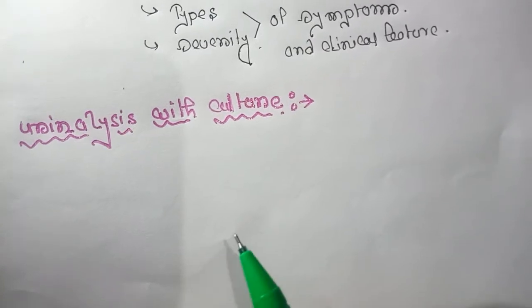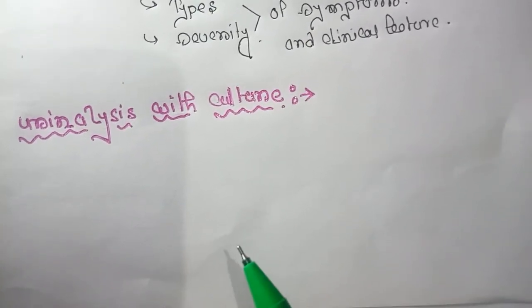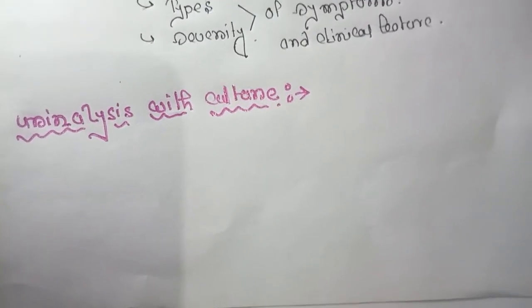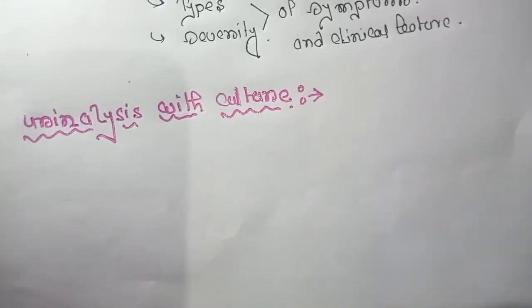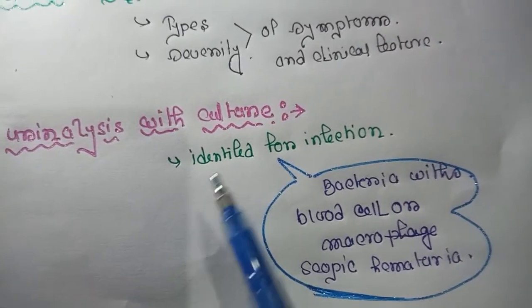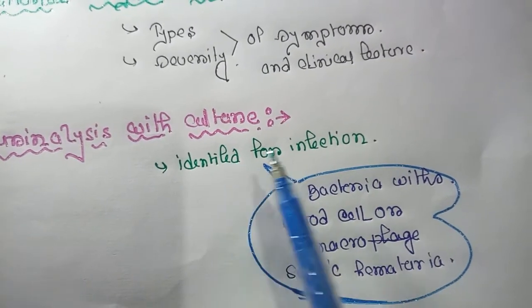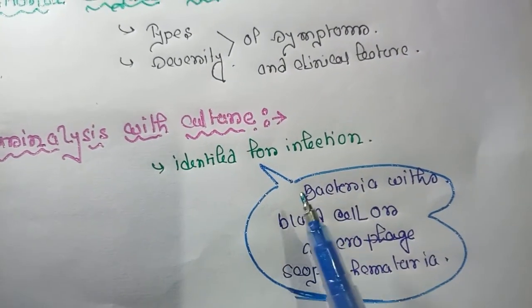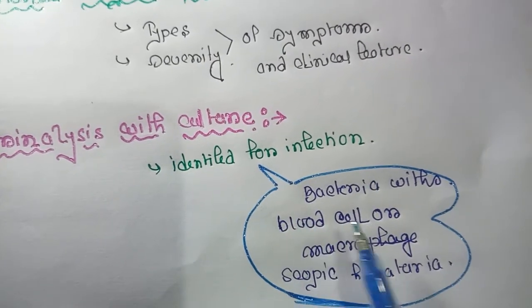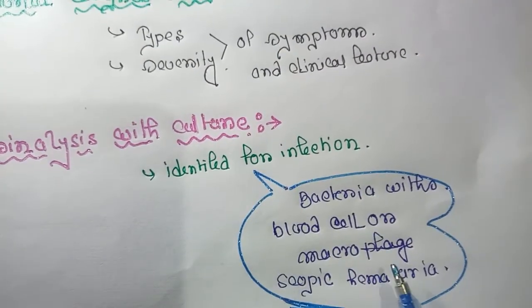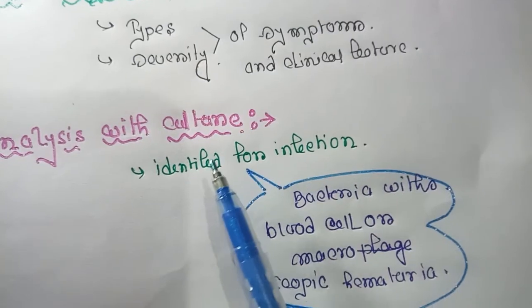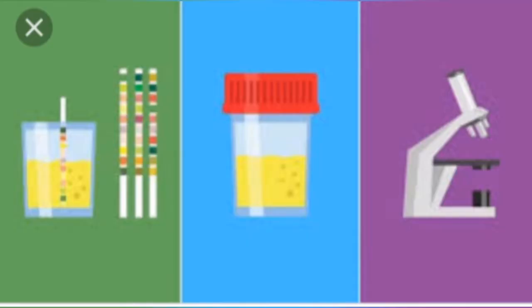Bacteria with blood cells or macrophages, or hematuria, indicate infection or inflammation. If there are any bacteria with blood cells or microscopic hematuria, it can indicate infection or inflammation.